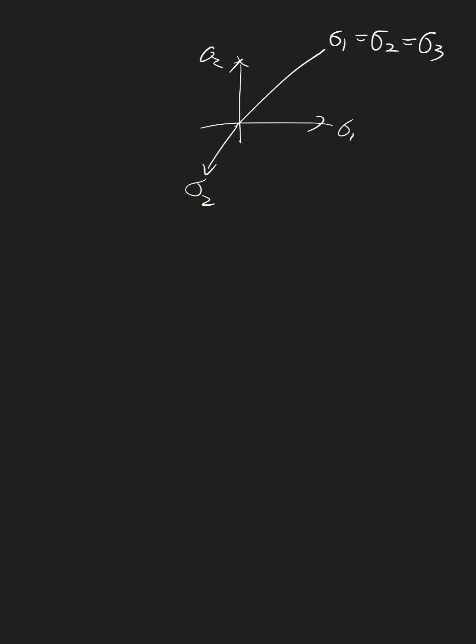Okay, so with that, what is important in J2 plasticity, if we remember what we talked about last time, is that we have sigma 1, sigma 2, sigma 3, and there's a hydrostatic axis where sigma 1 equals sigma 2 equals sigma 3.